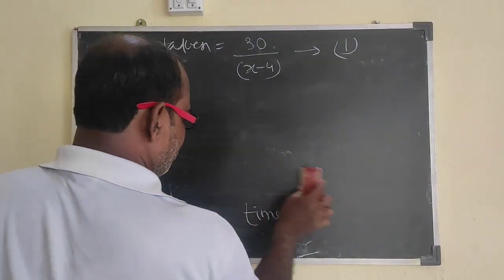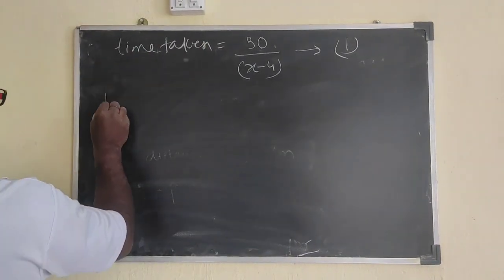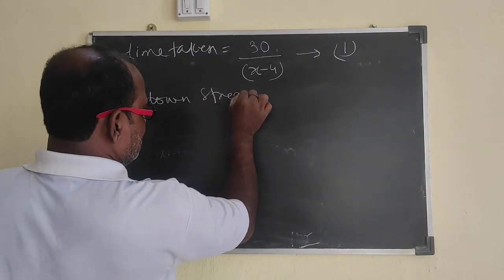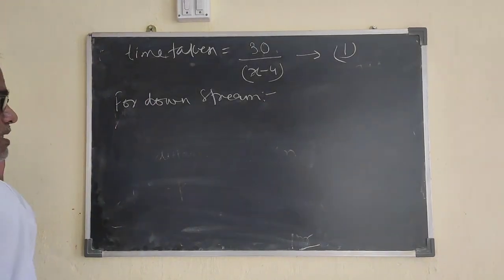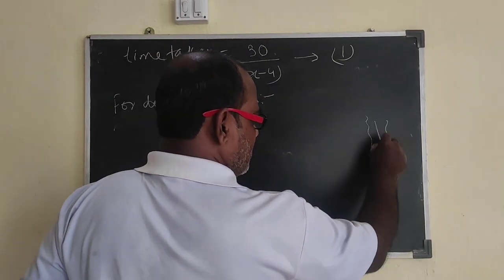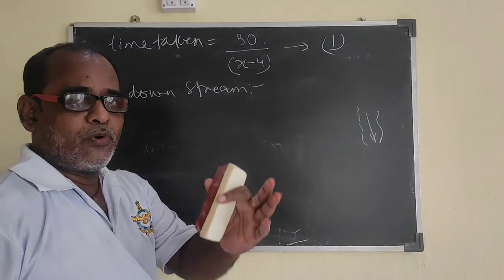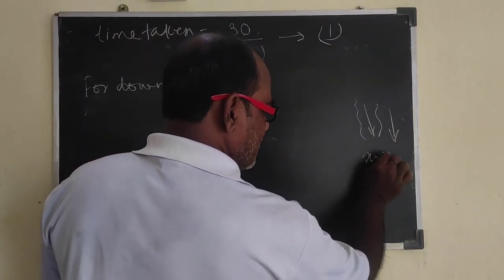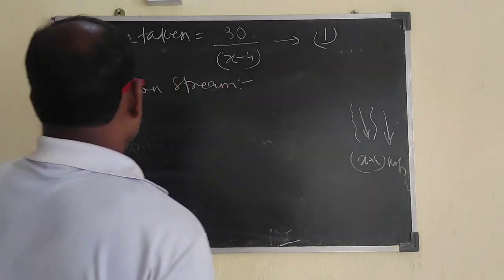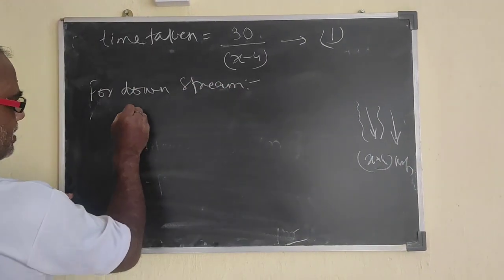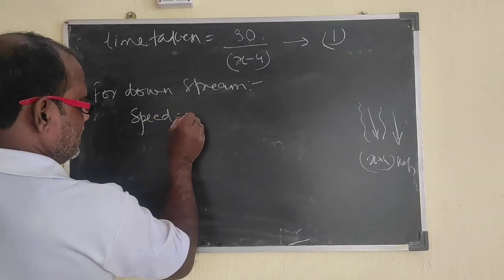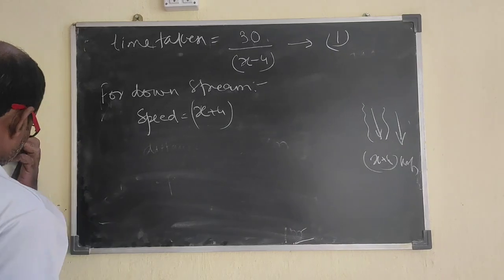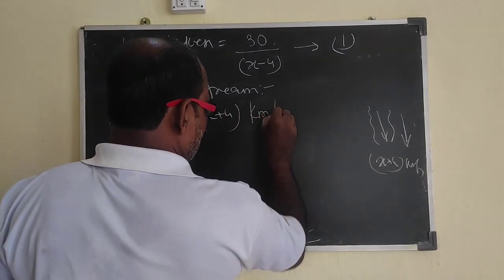Again, for downstream, since the flow of water is 4 km per hour and the speed of the boat is x km per hour, therefore the downstream speed will be x plus 4 km per hour. So for downstream, speed is equal to x plus 4 km per hour.